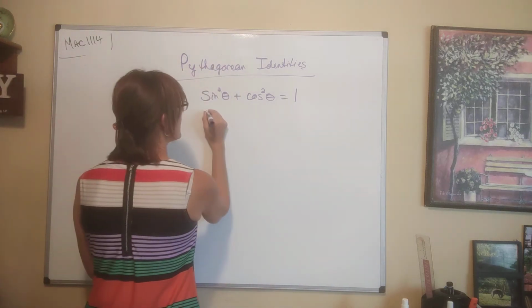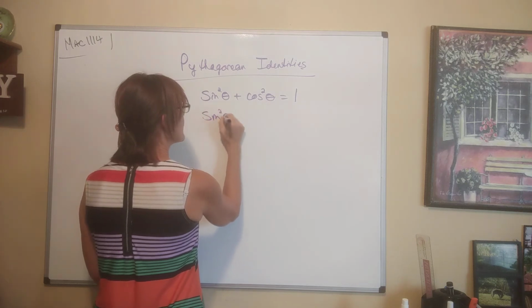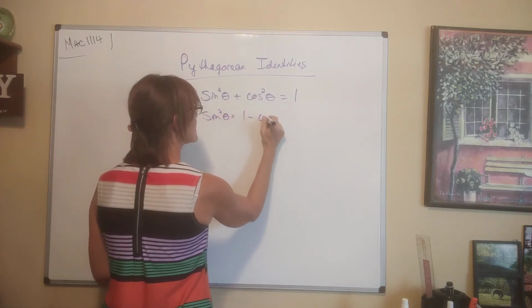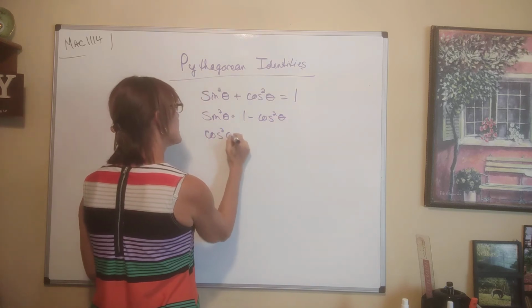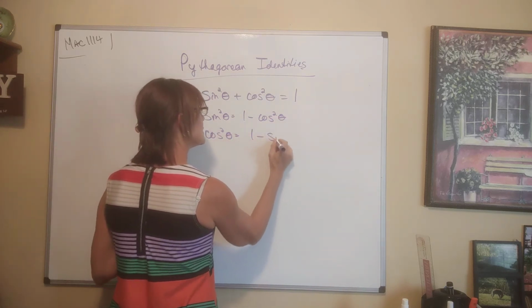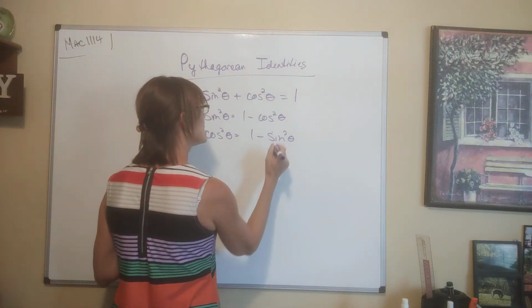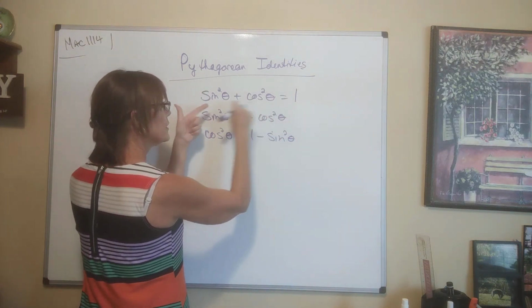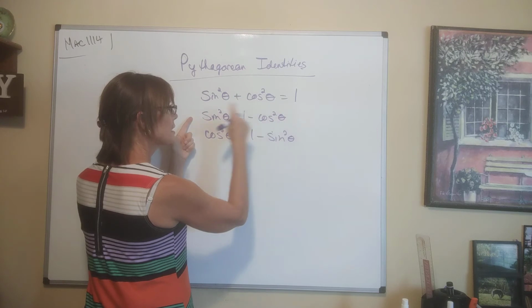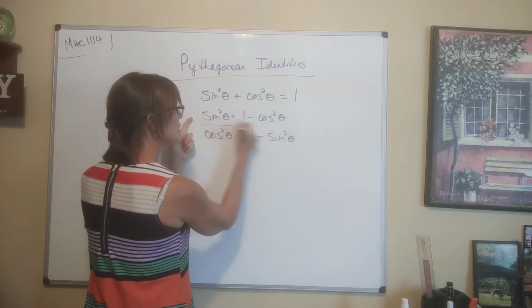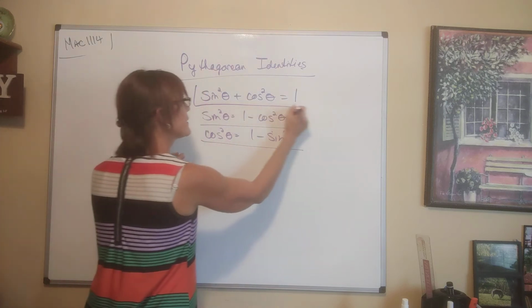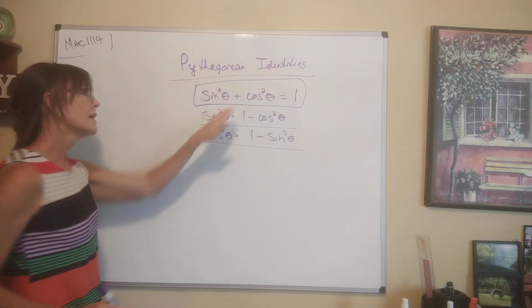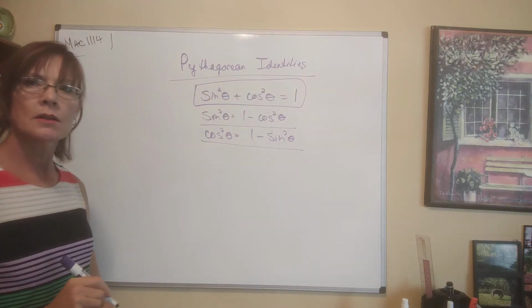This is the same thing as saying that the sine squared of theta is 1 minus the cosine squared of theta, or that the cosine squared of theta is 1 minus the sine squared of theta. If you subtract one of these to the other side, these also become identities. But this is a Pythagorean identity. This is a big one, and I do memorize that one. It's not hard to memorize.